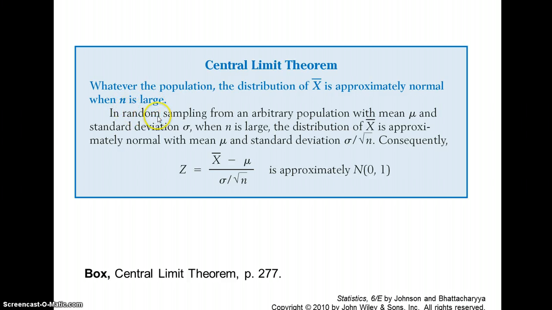So in random sampling from an arbitrary population with mean mu and standard deviation sigma, when the sample size is large, the distribution of x bar is approximately normal with mean mu and standard deviation sigma over the square root of n. Consequently, we can convert x bar, the sample mean, to a standardized variable z.